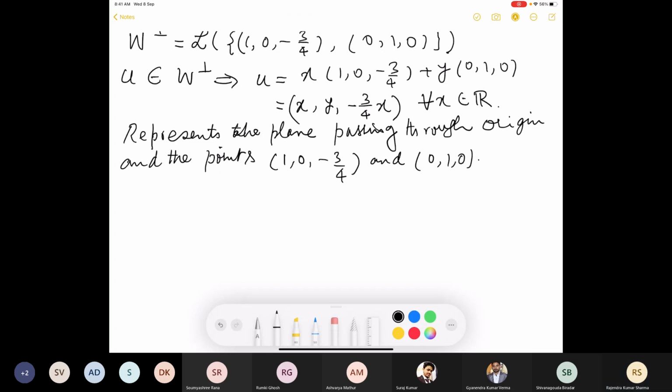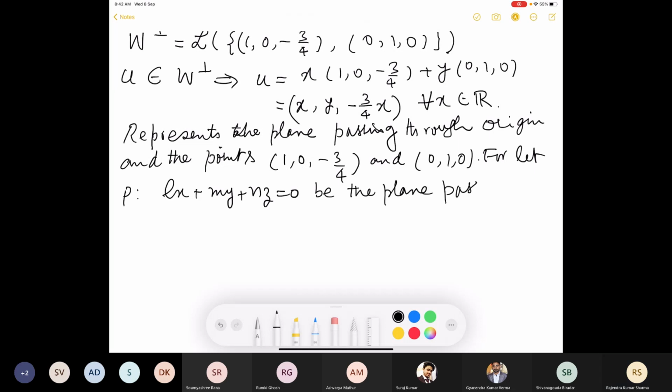Recall the equation of the plane which passes through the points. So how you can write, suppose the plane is say Lx plus My plus Nz is equal to 0 if it passes through the origin. So let this be the plane passing through the origin.